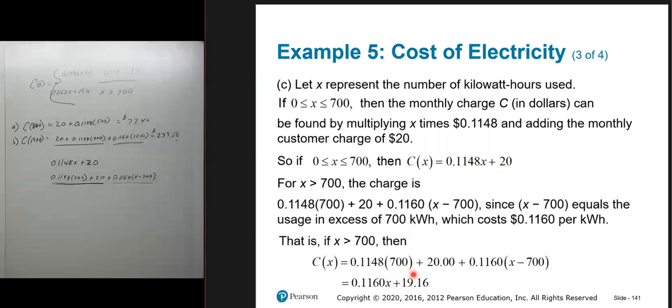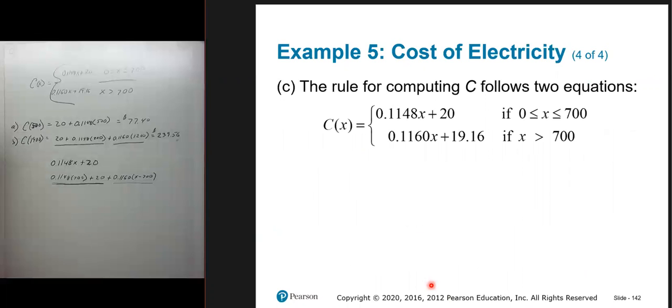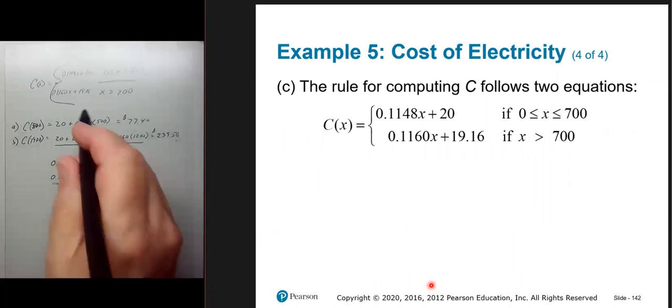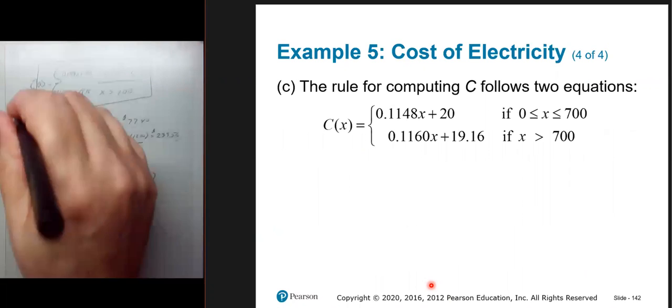Although the smallest amount of money you have to pay every month is still going to be $20, even though that's not reflected here, because this formula already assumes you're using more than none. Okay, and so there you have it, those two functions, which is what I wrote up here.